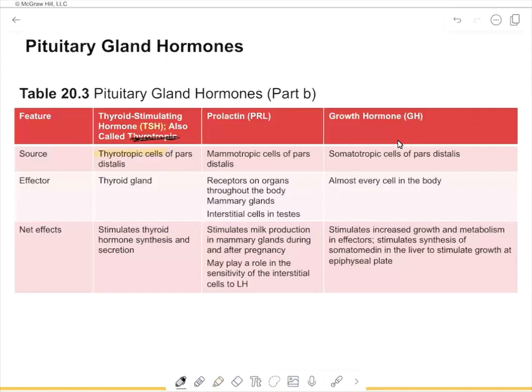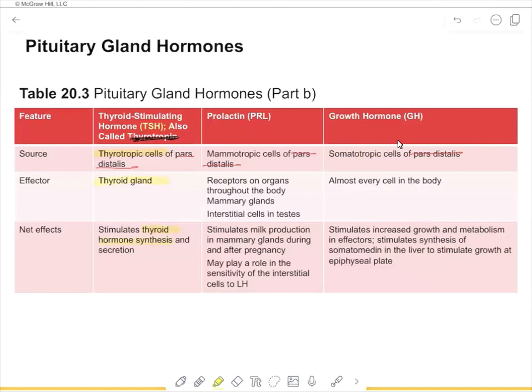And again, we are crossing out pars distalis on each of the columns. But thyroid stimulating hormone is going to stimulate the thyroid gland to start making the thyroid hormone. And then that targets organs throughout the body.